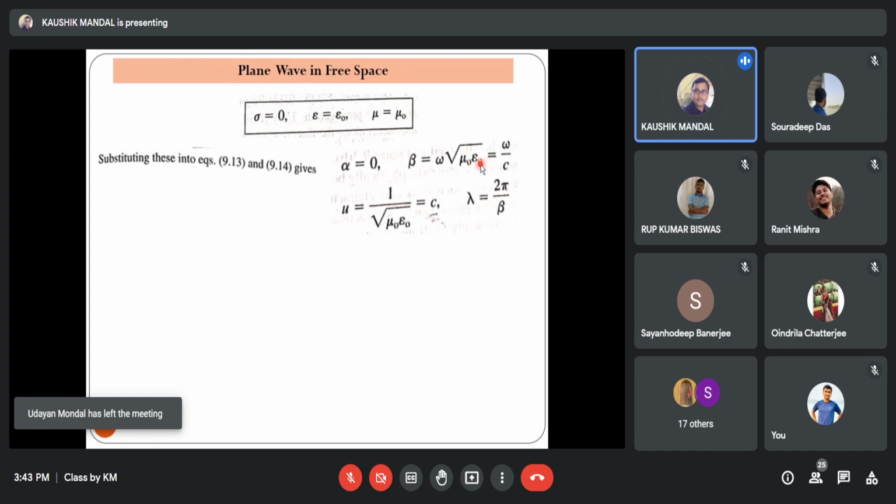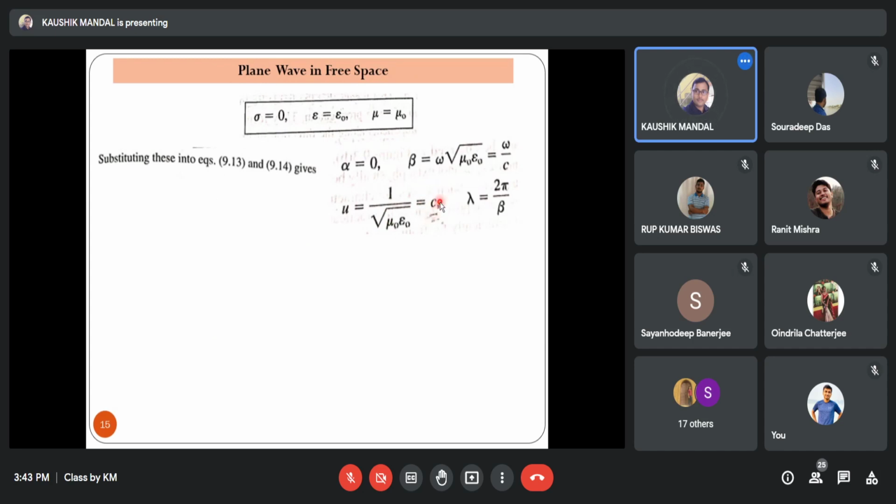And 1 by root of mu naught into epsilon naught is nothing but the velocity of light, so it becomes omega by c. So what will be the equation of u? U becomes 1 by root of mu naught into epsilon naught, which is nothing but the velocity of light.